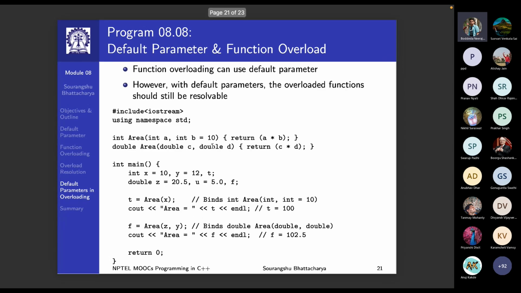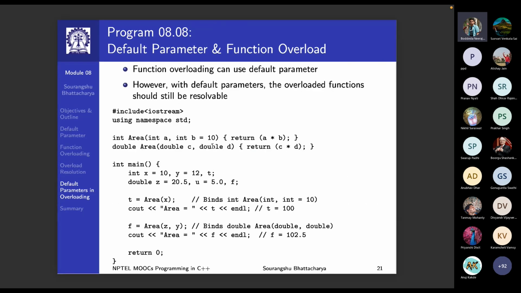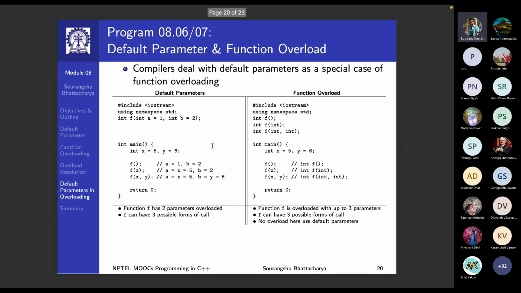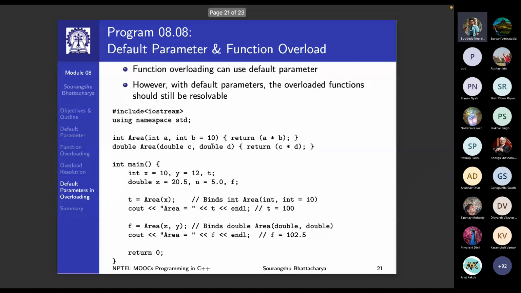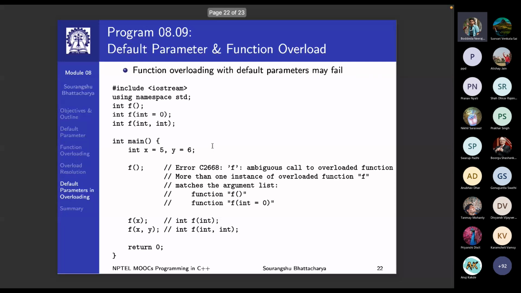Okay. So for overload resolution, if there are more than one parameters, so if there are multiple matches, which one? In that case, it goes from left to right. Let me just go to the rules.